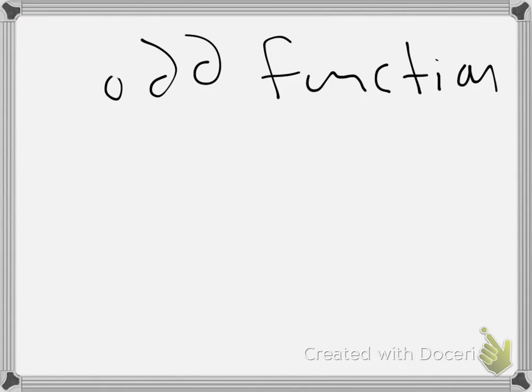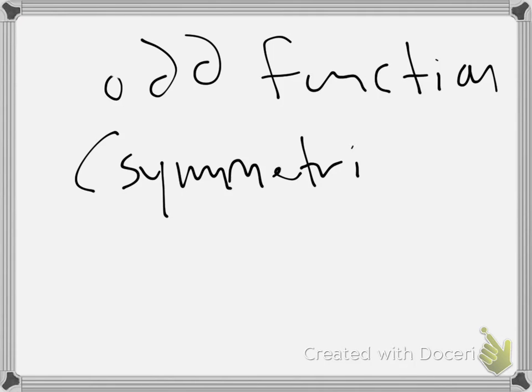The other one that we talk about a lot is odd. So an odd function, I don't just mean weird. Another way to write that would be symmetric about the origin.